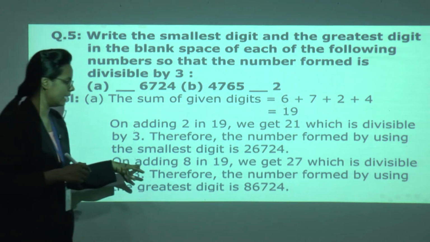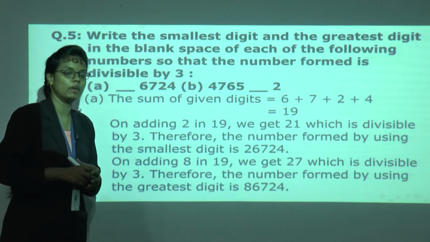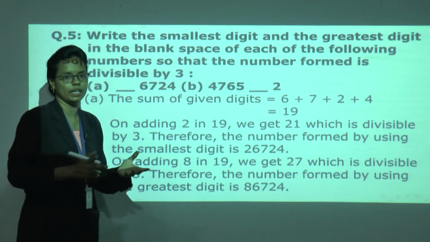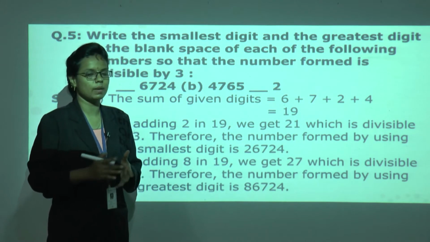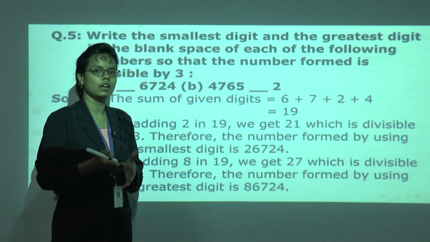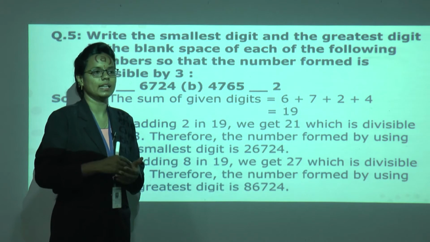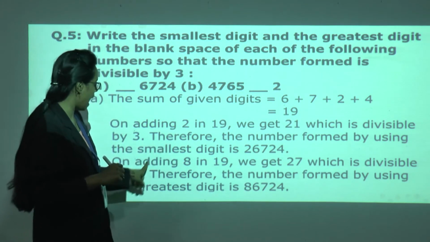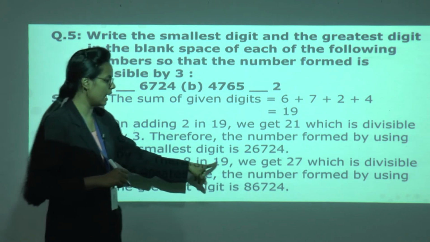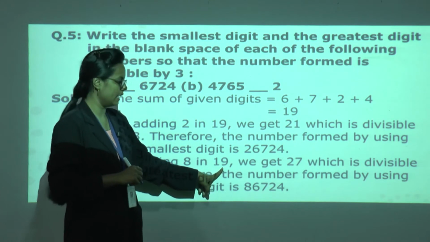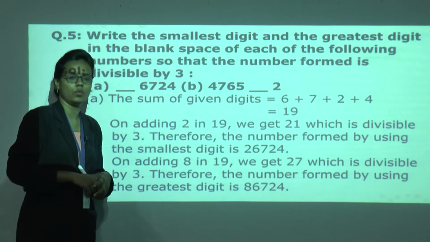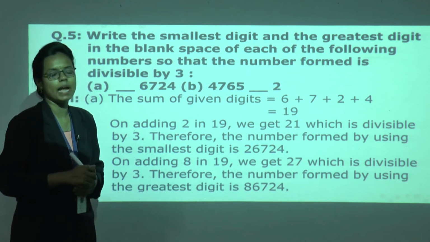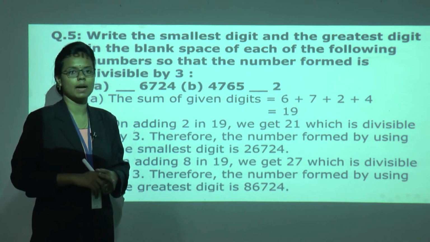If we add 19 plus 9, we get 28. So it's not divisible by 3. So we will take the next greatest digit, that is 8. If we add 8 to 19, we get 27, which is divisible by 3.